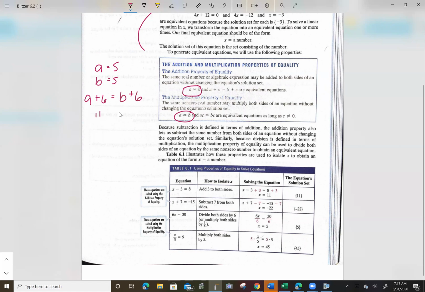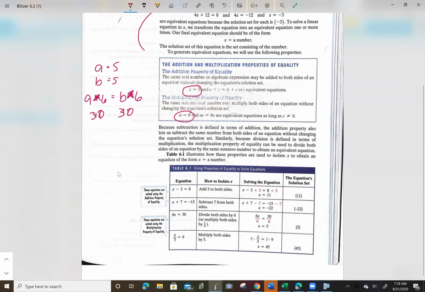Because both of those answers would give you 11, and you have a balanced equation. All right, and then it's the same for multiplication. You could just change this plus sign to a multiplication sign, and the answer instead of 11 would be 30, but you would still have a balanced equation. Okay, so in order to solve linear equations, there were 2 things that I just mentioned, and that was isolating the variable and balancing the equation.